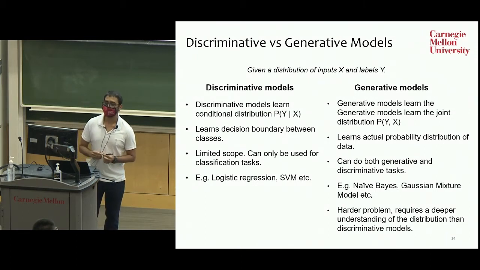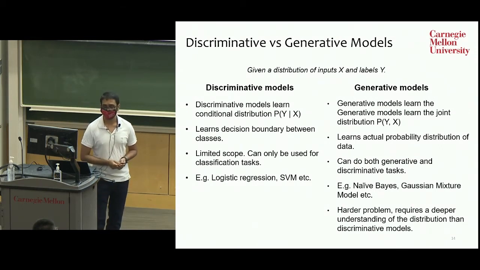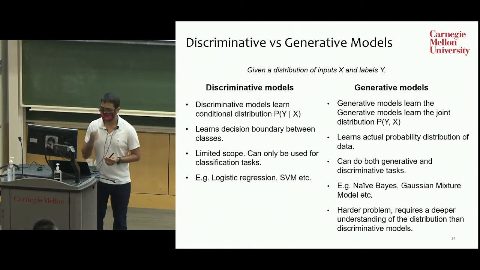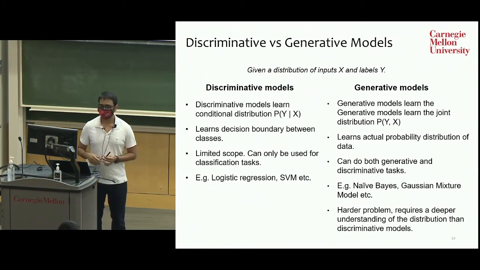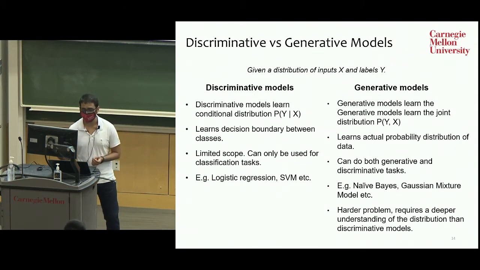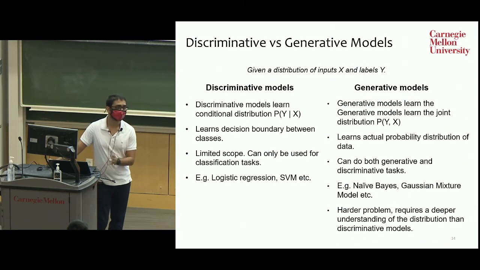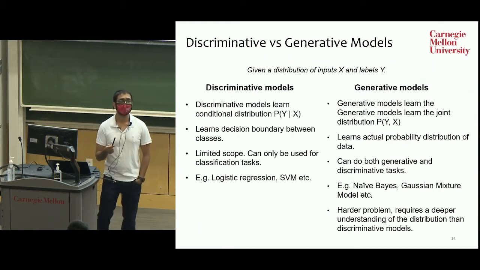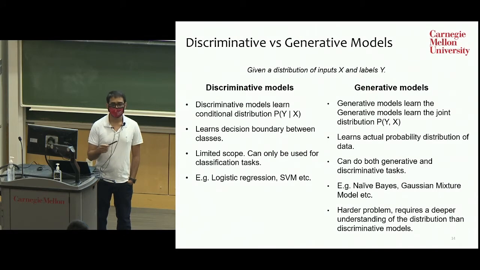Examples of discriminative models are logistic regression and SVMs, and naive Bayes, Gaussian mixture models, VAEs, and GANs are generative models in which you are trying to learn the probability distribution.